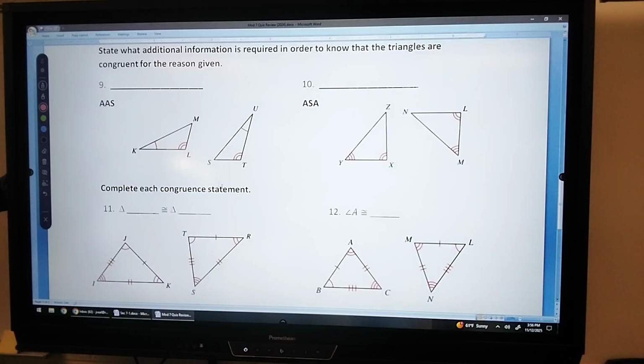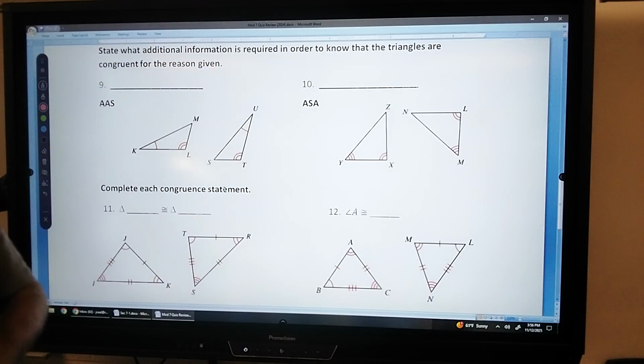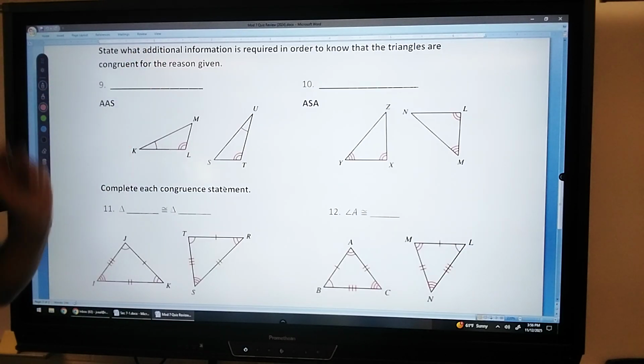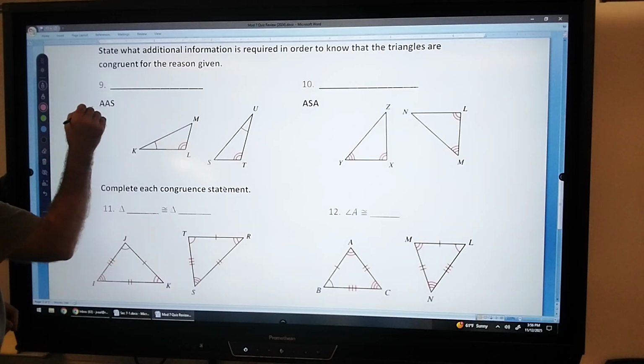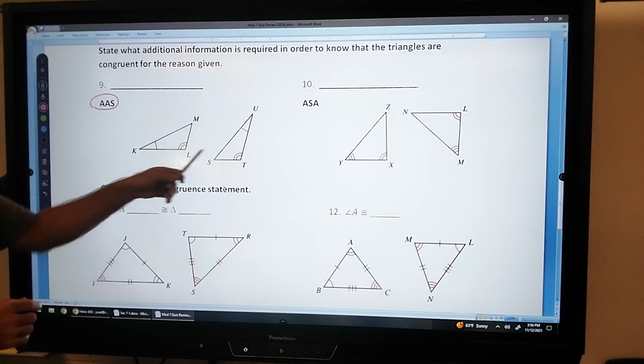Okay, on the back side of your review, it says state what additional information is required in order to know that the triangles are congruent for the given reason. So we talked about this. I am going to give you which of the 5 it must be. You're going to tell me, first of all, what part is missing. So for example, this has an angle and another angle.